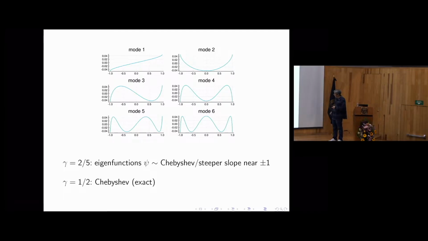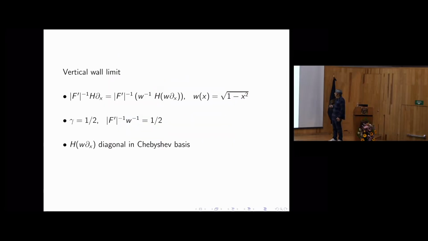So I think I'm going to say yes. In the vertical wall limit, one of the things that we used is that when we look at this operator, there's some identity of the Hilbert transform where you apply first multiplication by some factor, by this weight, and then you post-multiply by 1 over that.